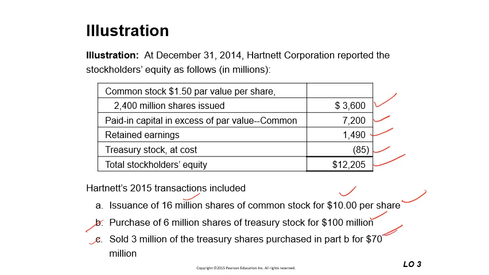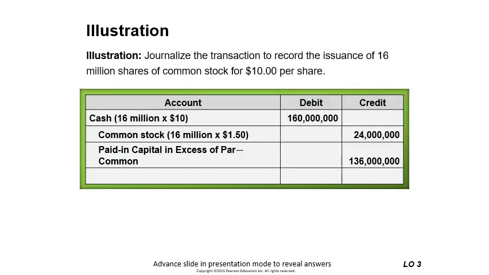Let's generalize these entries. Number one: what is the transaction when they issue 16 million shares? The par value is 1.5 and the excess is 8.5 multiplied by 16 million, which is 136 million. So that is in excess of par.